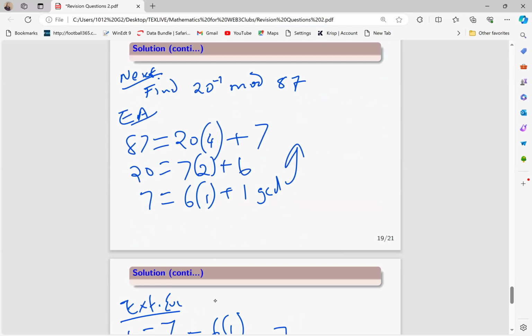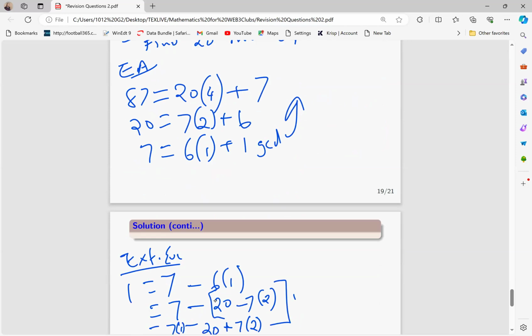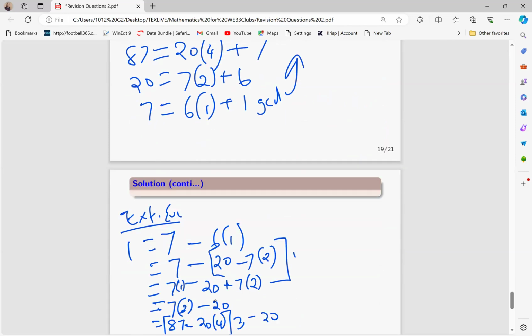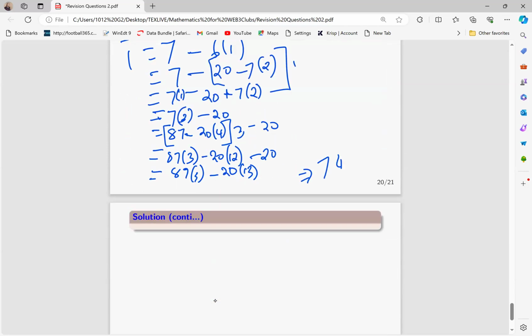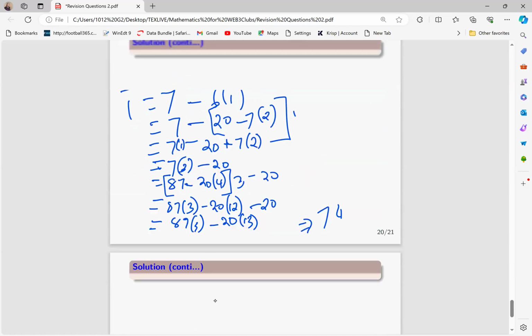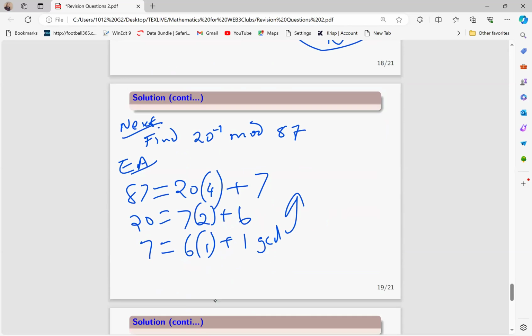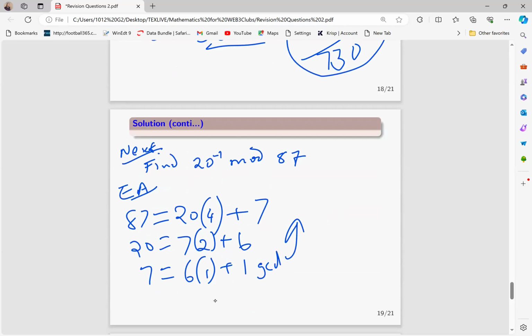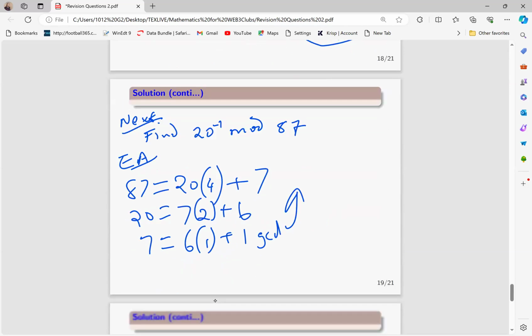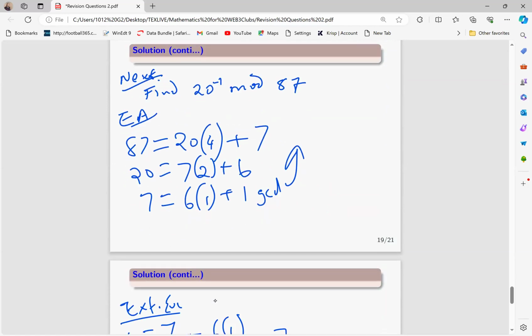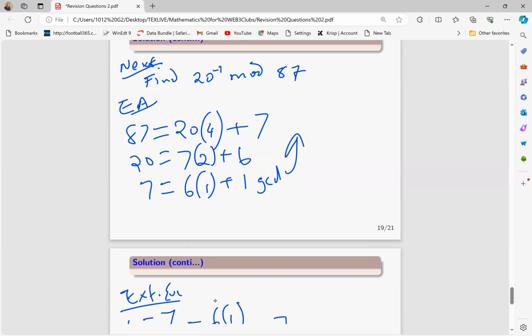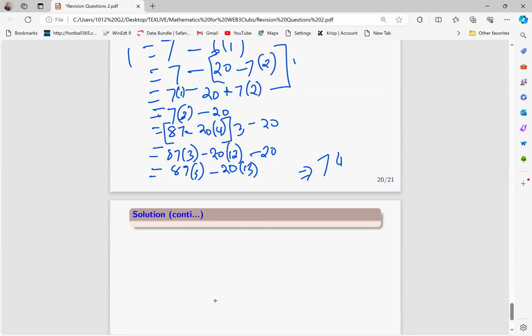Are we on the right path, Jeanette? It was mod what? 87. Yes. The inverse of 20 we found to be negative 13.